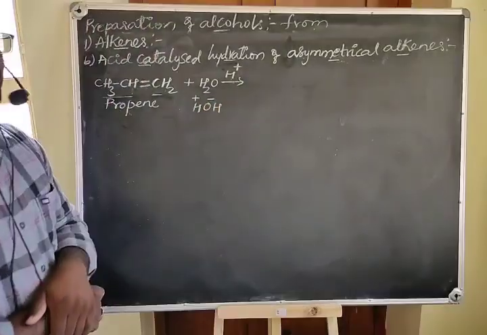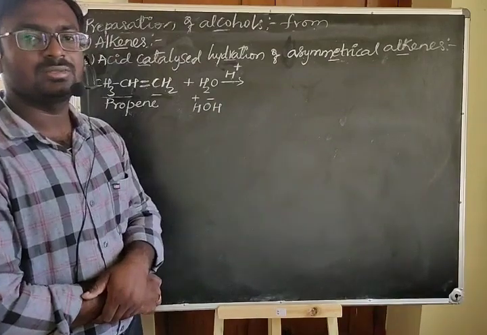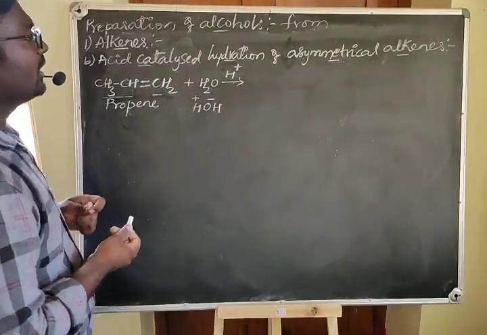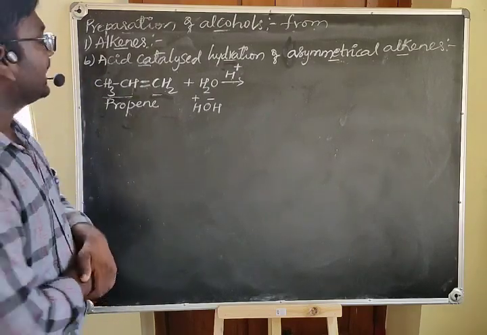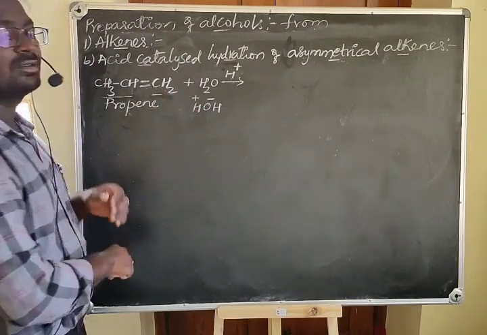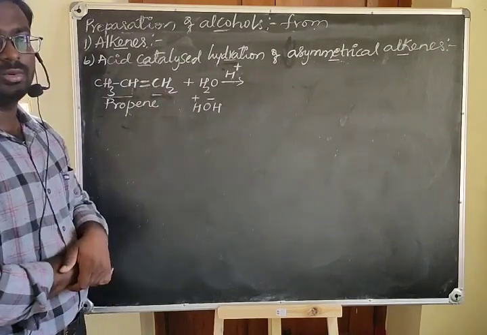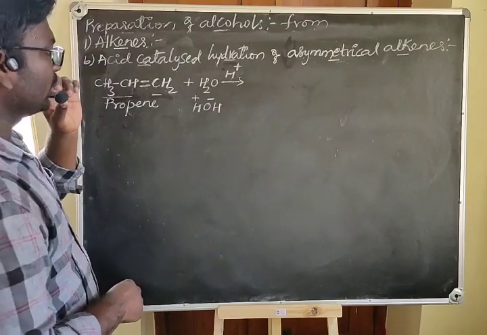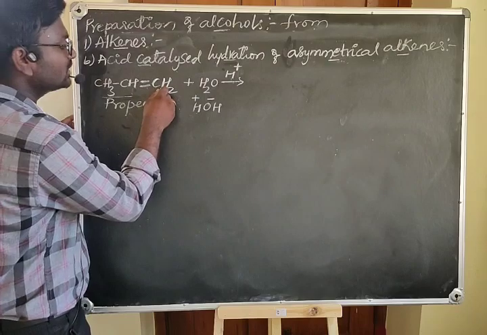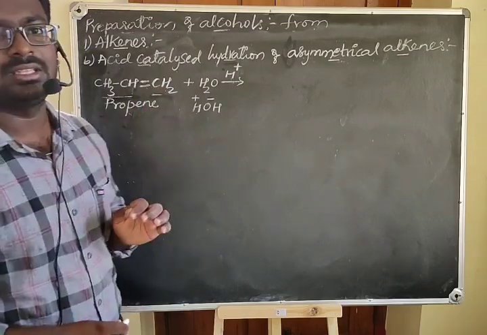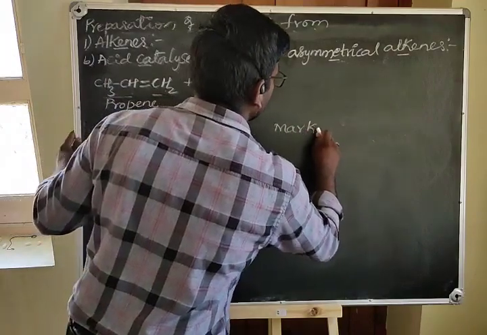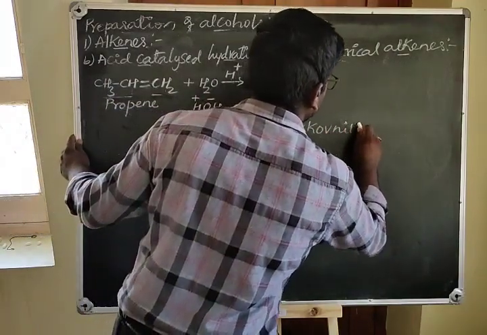So H2O is a combination of H plus ion and OH minus ions. Now, as you know already, it takes place through electrophilic addition. Means firstly, the H plus ion will attack this propene. And how does this follow? The H plus ion attacks either this carbon or this carbon. It is governed by Markovnikov's rule. So let's take that rule, Markovnikov's rule.